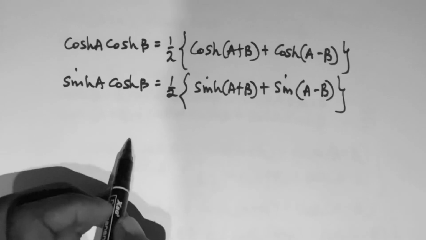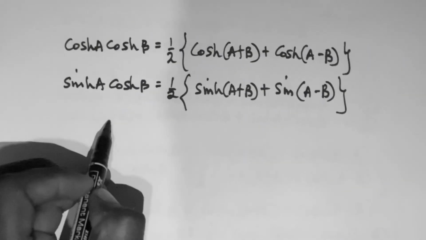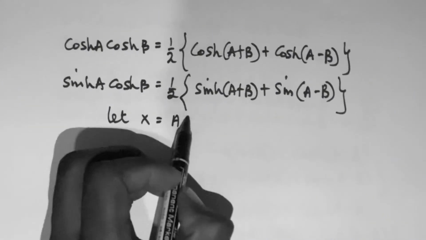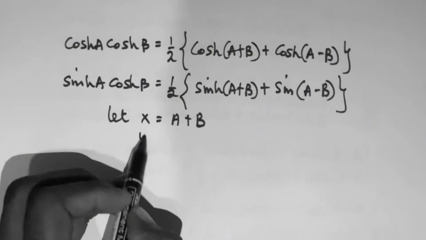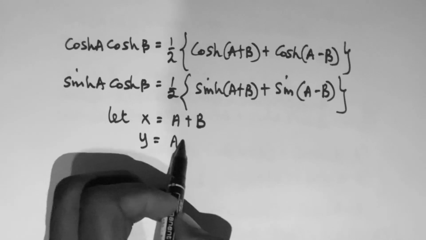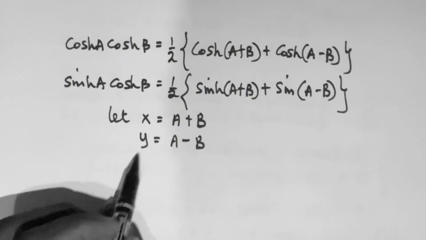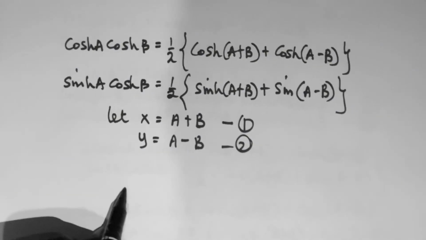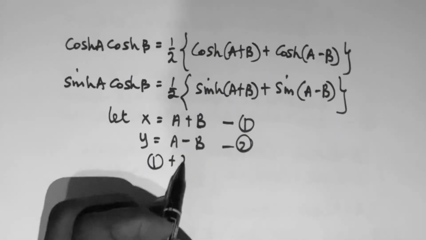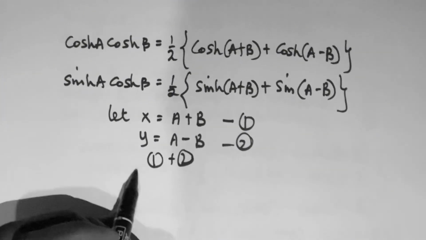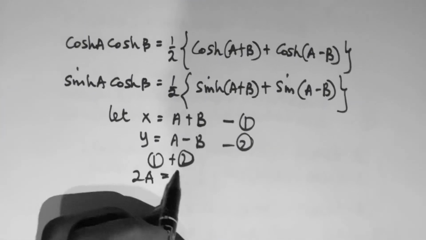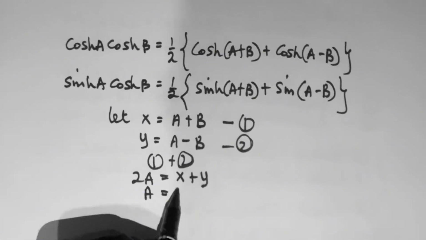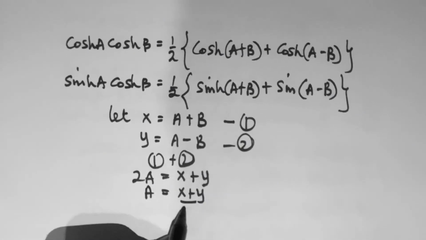Now what we want to do is to let x be equal to A plus B, and then let y be equal to A minus B. Now let's say this is equation 1 and this is equation 2. If we add equation 1 and equation 2, B goes to 0, so we get 2A equals x plus y, and therefore A is equal to (x plus y) over 2.